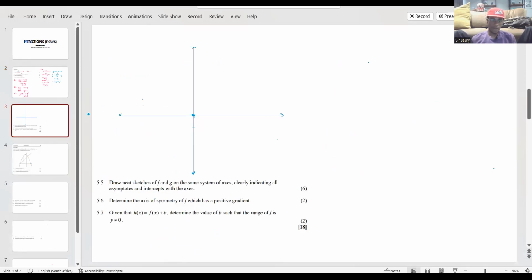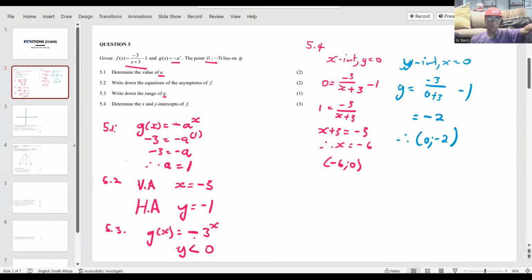Now, going to the fifth question. During the sketch, a free 6 marks. Free 6 marks. So both g and f on the same set of axes. So you have g. We'll start with g. When you sketch, it's always advisable to start with the asymptotes, right?